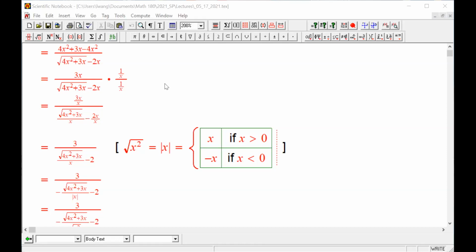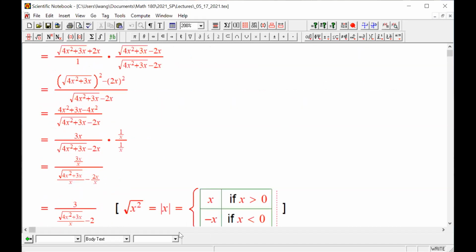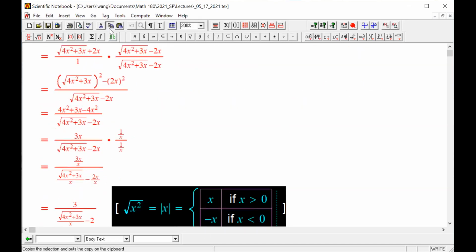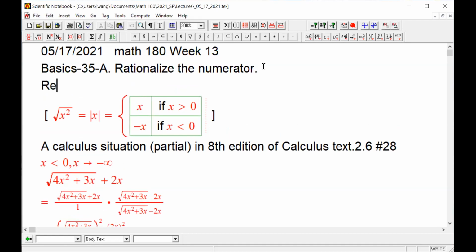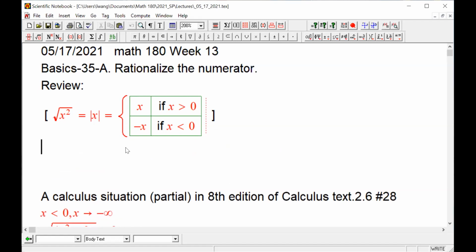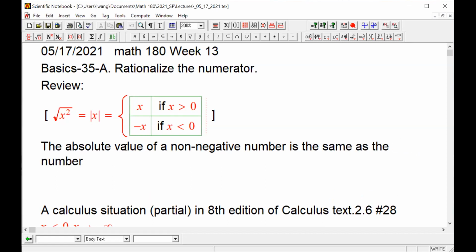Okay, so let's review those words again. What are the words? I want you to do it with me. The absolute value of a non-negative number is the same as the number, right?